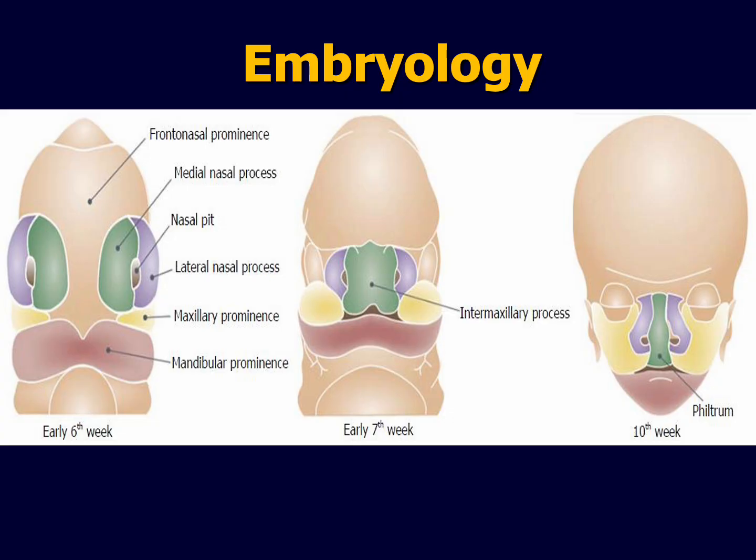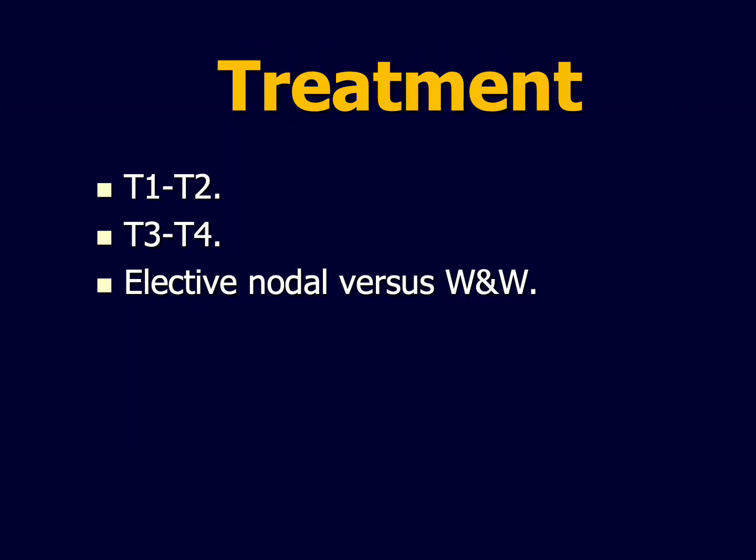You can consider a well lateralized upper lip tumor to be treated by ipsilateral neck radiotherapy if you need to. But for a lower lip tumor, if you decide to go for neck radiotherapy, it will be bilateral. This is an important point, because the upper lip and lower lip are different embryologically.